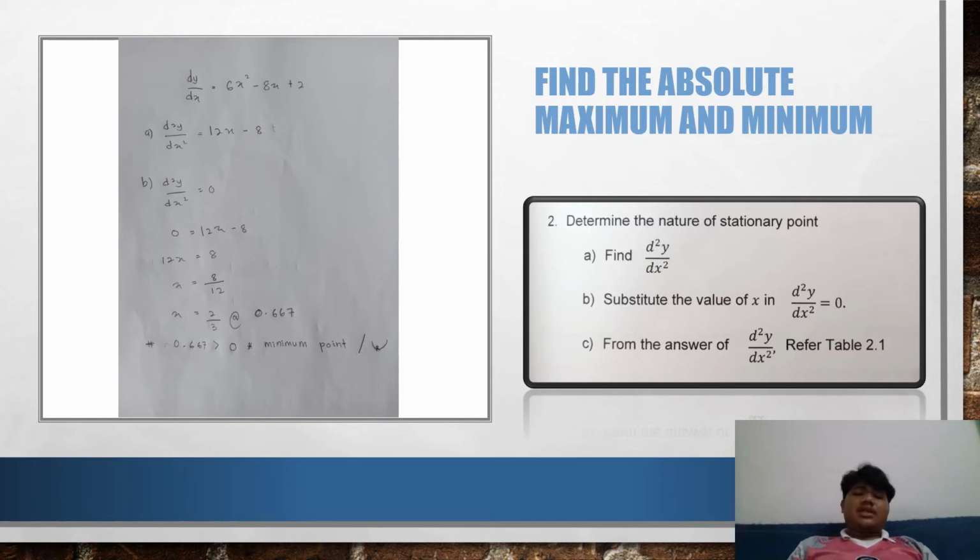This value is greater than 0. Then the shape we need to draw in the graph is a smile. And the next step, my group mate will continue. Thank you.